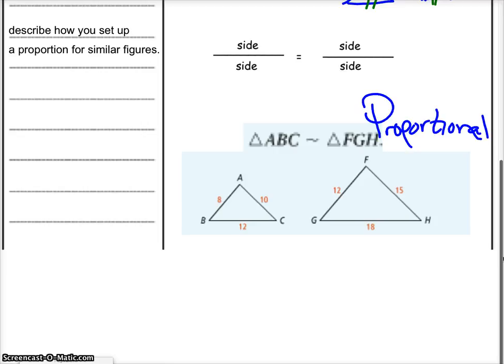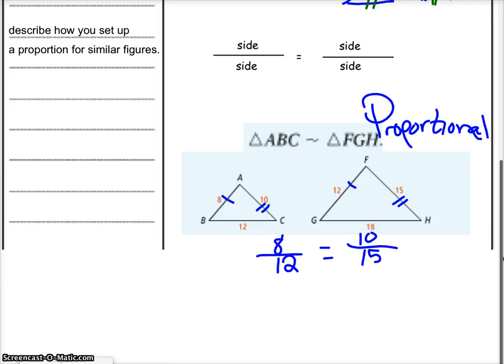And we learned this in the quiz in 6.1 or 6.2, to see if things are proportional, their cross products are equal. So if I want to say, hey, is this triangle proportional or similar to the bigger triangle? If you don't know, then you can easily find out by setting up a proportion. So I could say, well, 8 is to 12 as 10, it doesn't matter how you arrange it, as 10 is to 15.